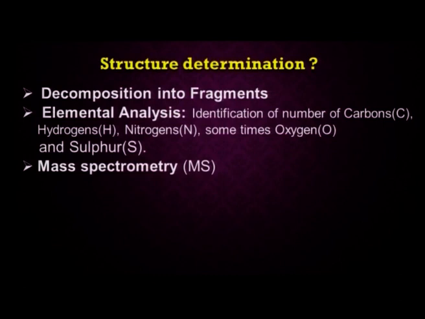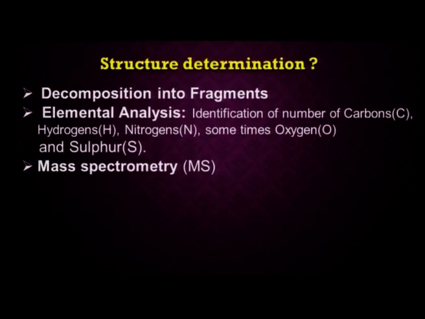By elemental analysis, we can only determine the type of atoms and the composition of atoms present in that particular molecule. And mass spectroscopy gives the information of the molecular weight of the compound.